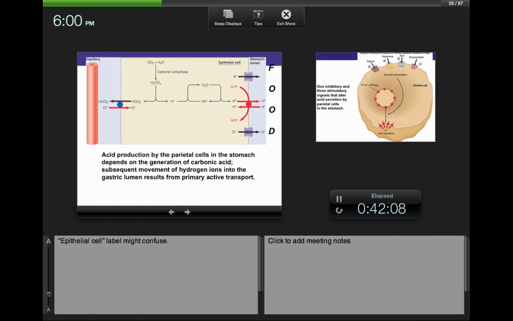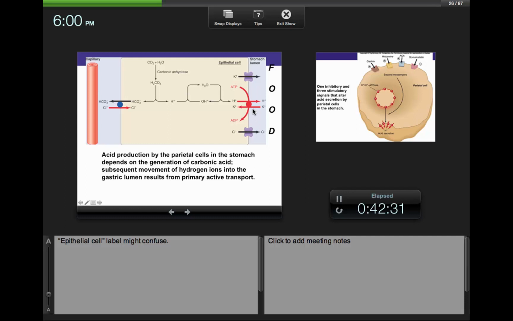So here we see it again in these epithelial cells that line the stomach. Carbon dioxide and water is converted to carbonic acid by the enzyme carbonic anhydrase, which then produces bicarbonate and protons.